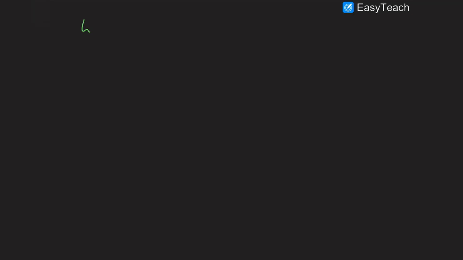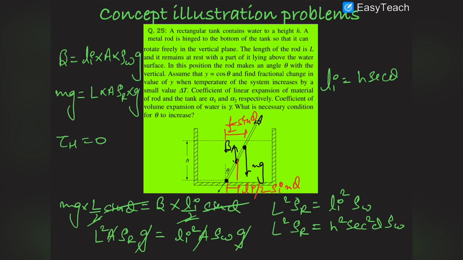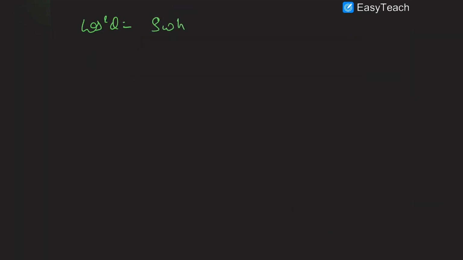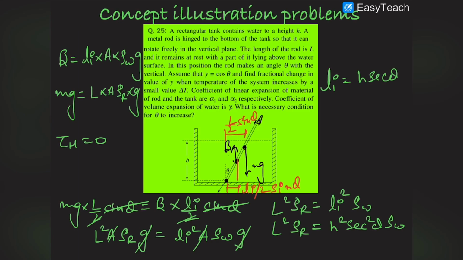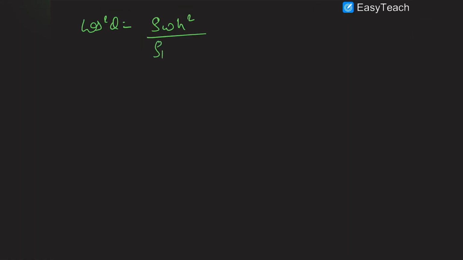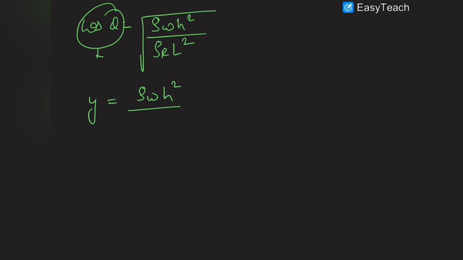So cos square theta is equal to rho water H square divided by rho rod L square, and this is cos theta, so there would be a root, and this is y. Okay, so y is equal to rho water H square by rho r L square to the power half.